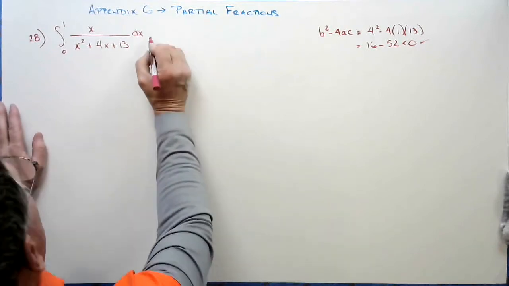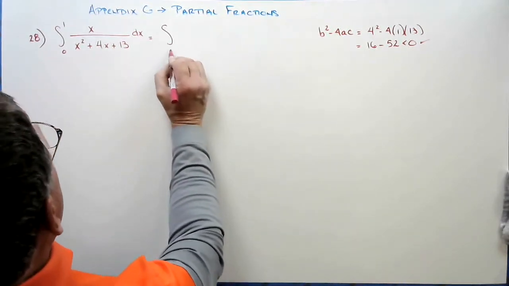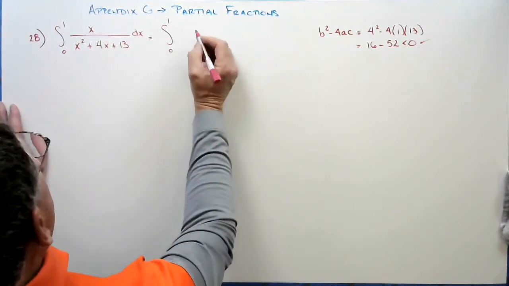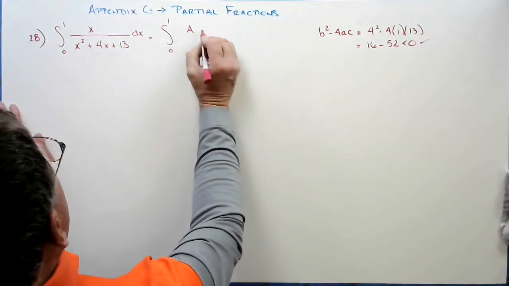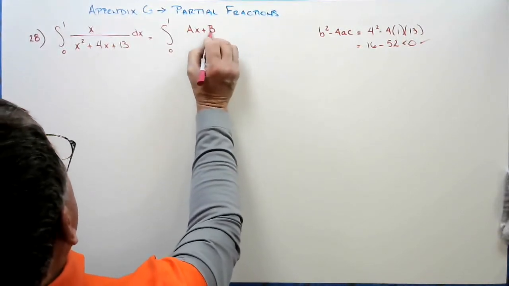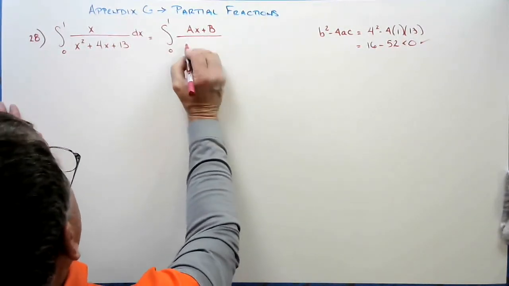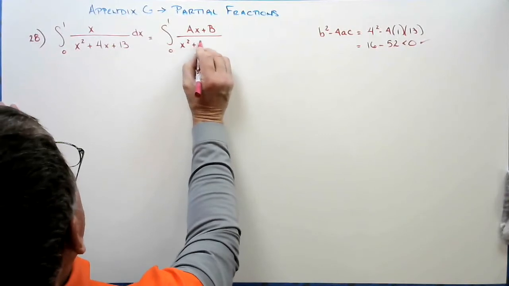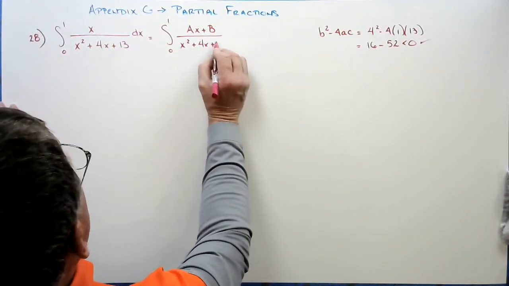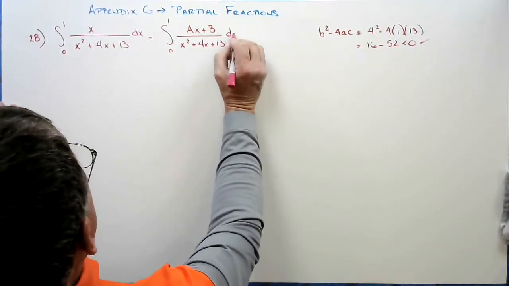So we're going to rewrite this as the integral from 0 to 1, and we're going to rewrite this as ax plus b divided by x squared plus 4x plus 13 dx.